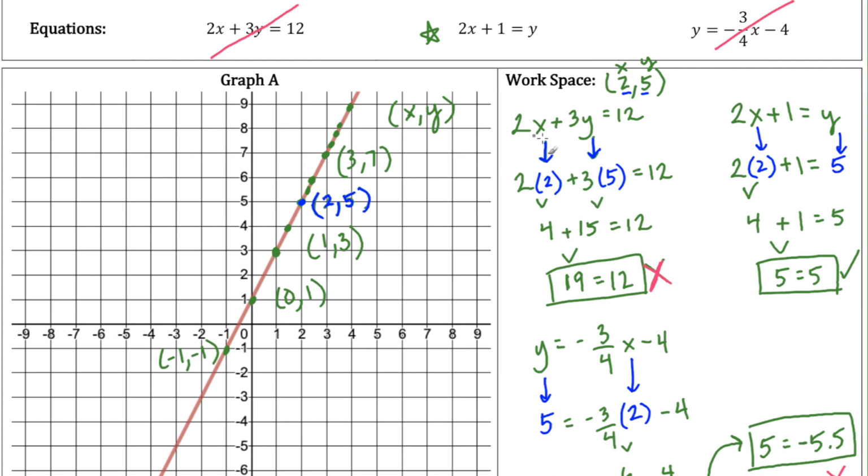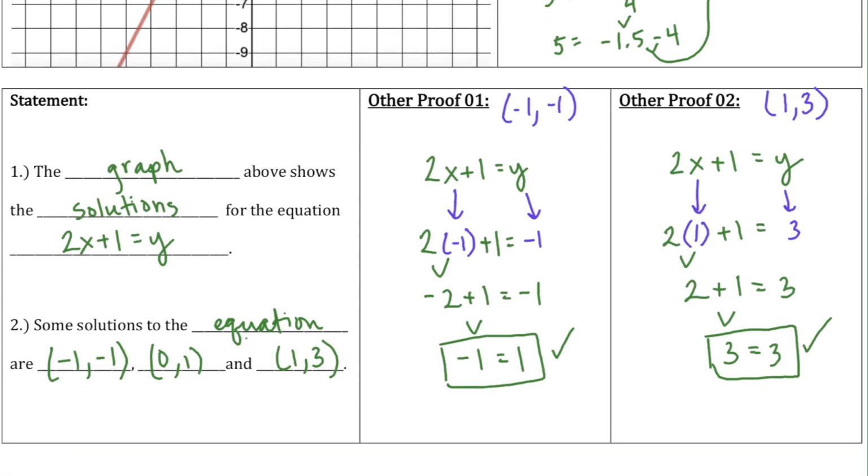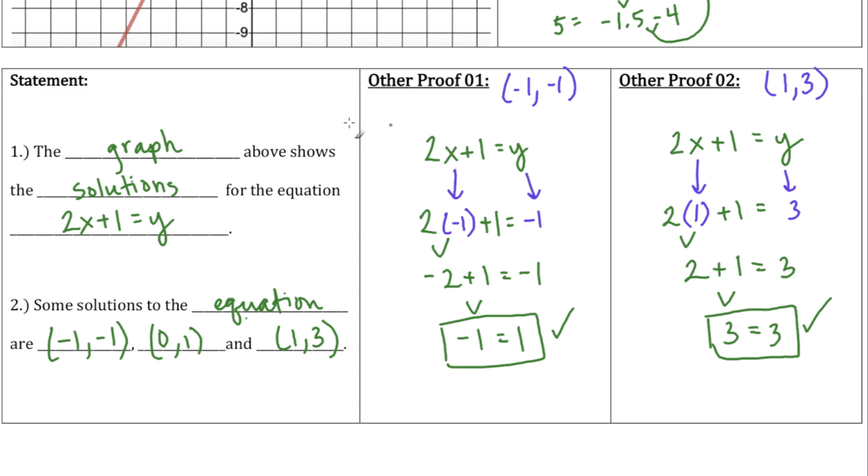So we substituted in the values, and we saw that the (2, 5) worked for 2x plus 1 equals y. And then we saw that it didn't work for these 2 other equations. And so I ended up showing that the other solutions that were on this line also work for 2x plus 1 equals y. I showed that by substituting in (-1, -1), and the other solution (1, 3). And, ooh, one last thing. I forgot this negative sign. And that's it. Thank you.